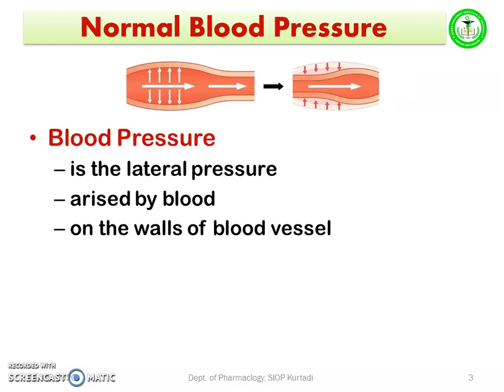First of all, what is normal blood pressure? Here, the blood flows through the blood vessel, which creates a lateral pressure on the walls of the blood vessel.